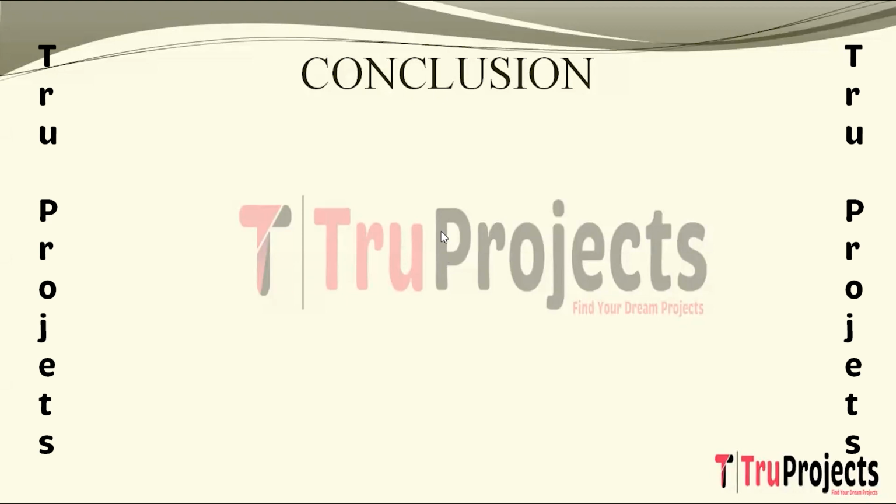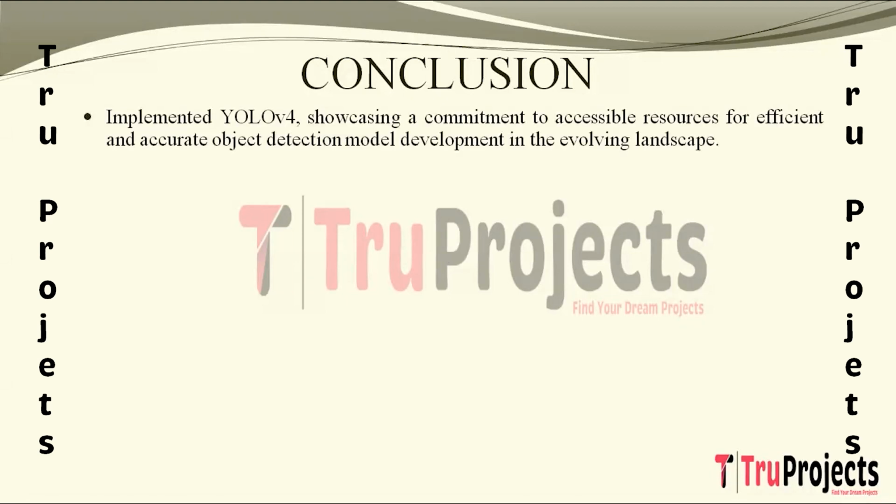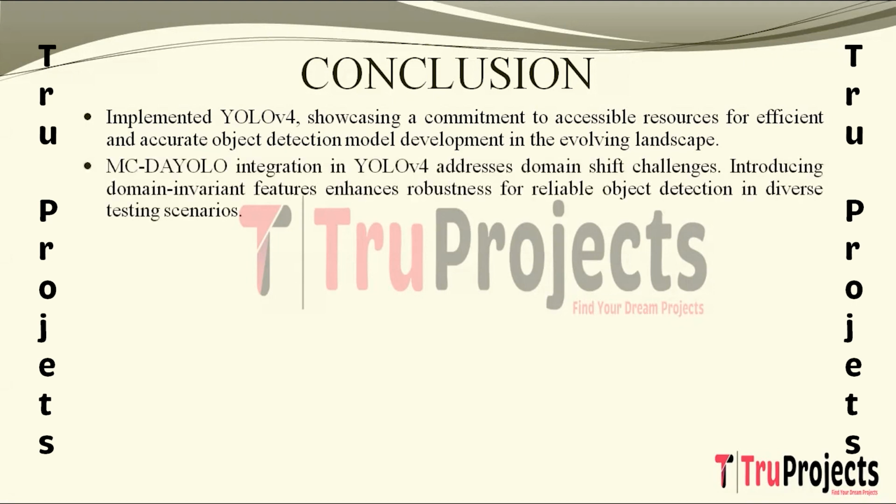So the conclusion here is the project has contributed to the evolving landscape of object detection by implementing and enhancing YOLO V4, a cutting edge algorithm known for its efficiency and accuracy. The integration of MCDA YOLO into the YOLO V4 architecture showcases the project's dedication to addressing the critical challenge of domain shift.